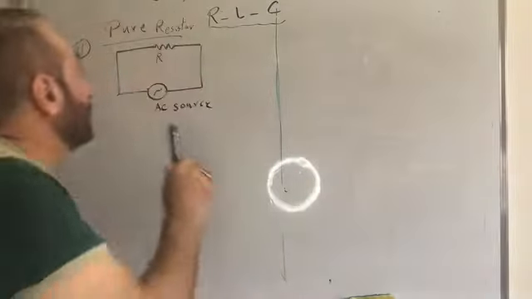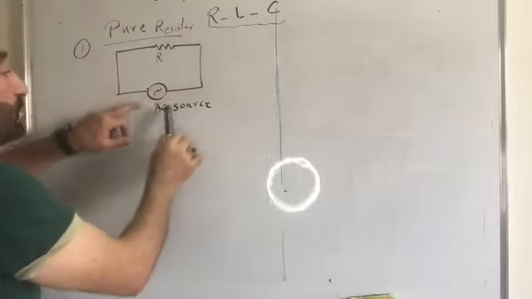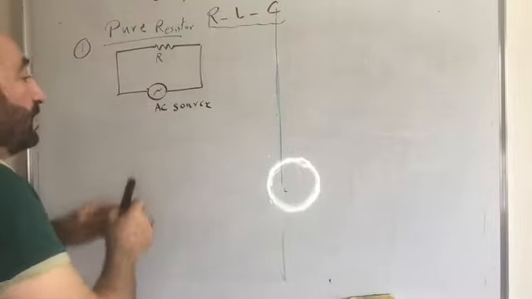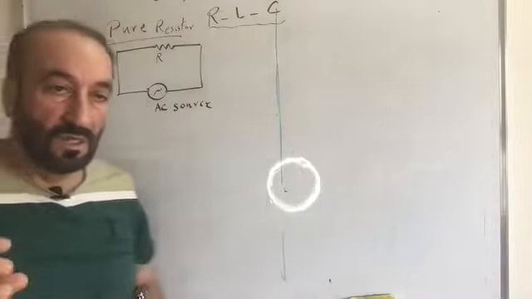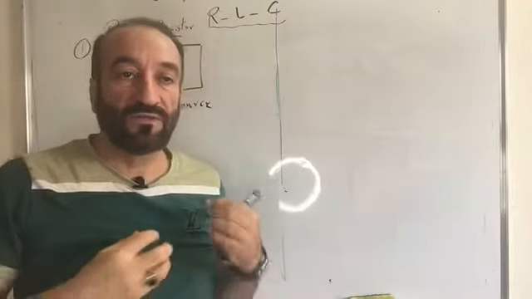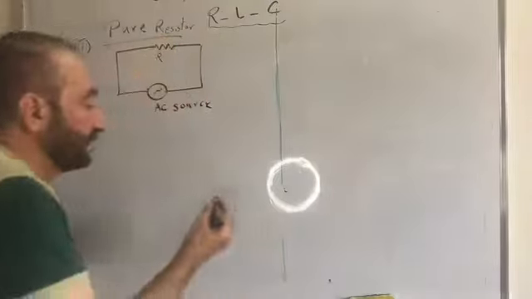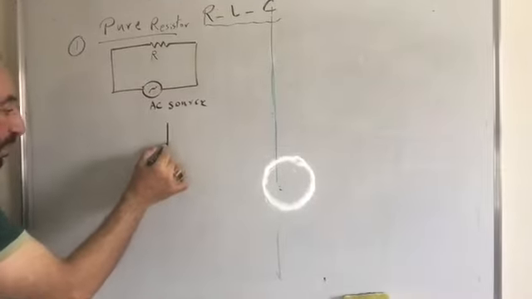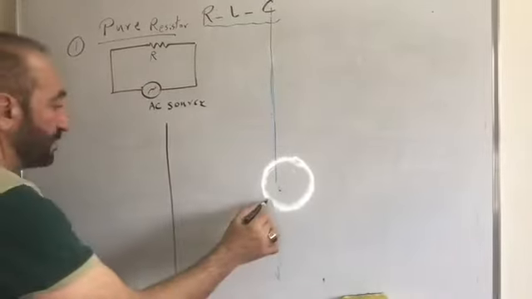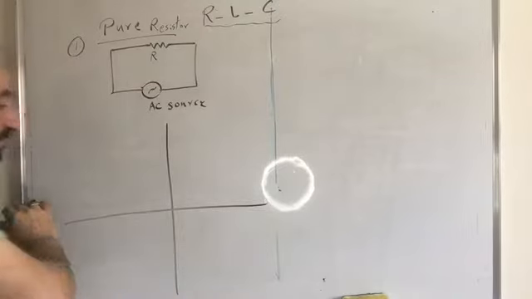R, if connected to an AC source, now we can draw the phasor of this circuit. This is the y-axis and this is the x-axis.